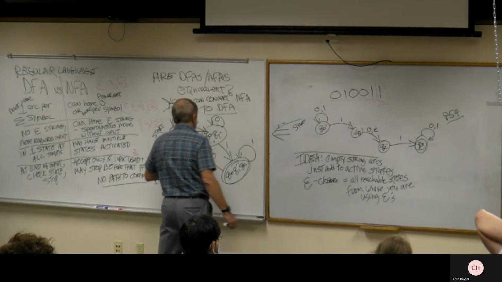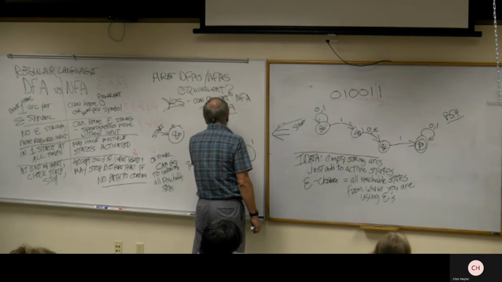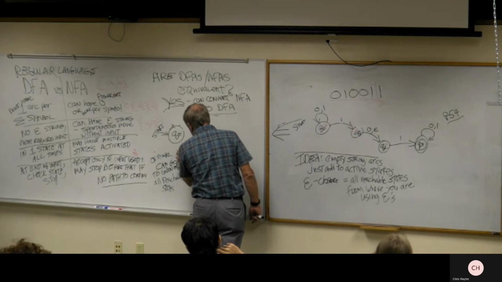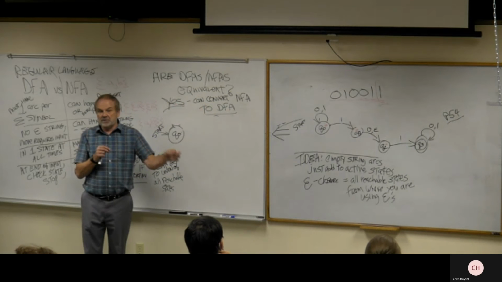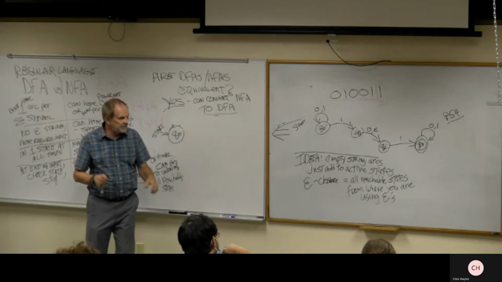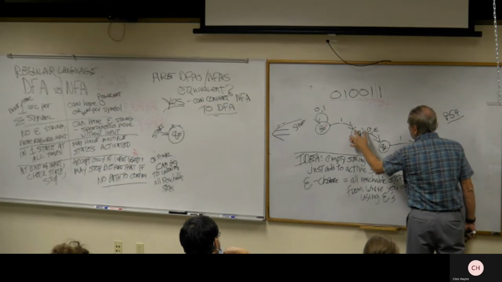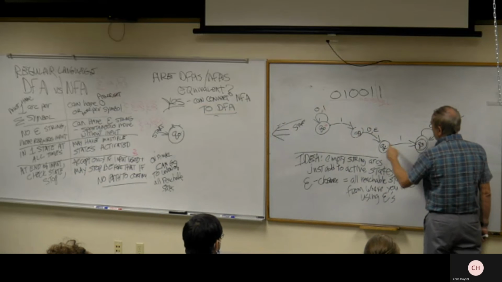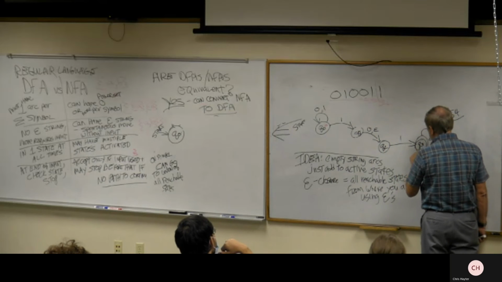Keep our start state. And what we just have to do is take into account the epsilons. If I can get there and there's an epsilon out of it, I can also get to that one next to it and any epsilons that go out from there. So if somehow Q1 is activated and there's an epsilon out of it and another epsilon here, I'm in Q1, plus an epsilon gets me Q2, plus an epsilon gets me Q3.